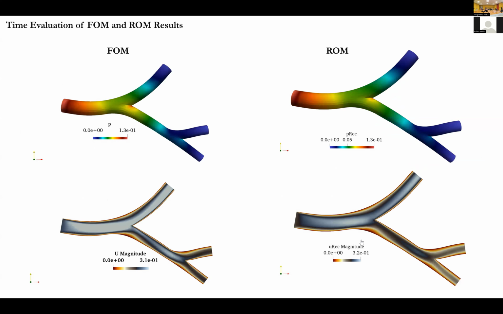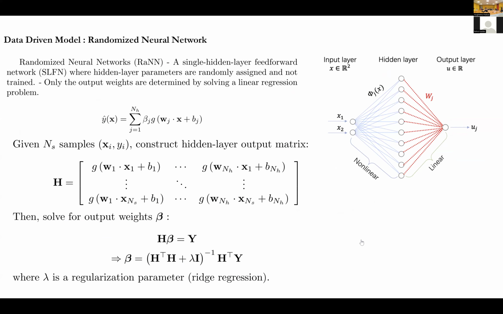Okay, so now we look at how to approximate the flow physics using a new type of data-driven approach, which is the randomized neural network. In case of a randomized neural network, we only update the output layers.